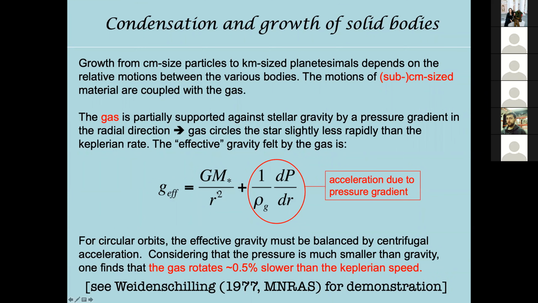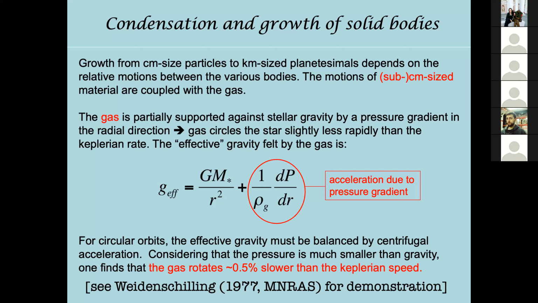I was thinking, in fact, to include this demonstration, but it takes a couple of slides, so I decided to avoid it because you can actually do it yourself just by looking at the Weidenschilling paper from 1977. He was the first to warn about this problem of the difference in velocity between the Keplerian speed and the actual speed of the gas.